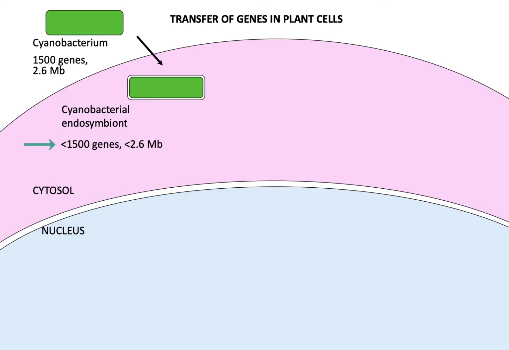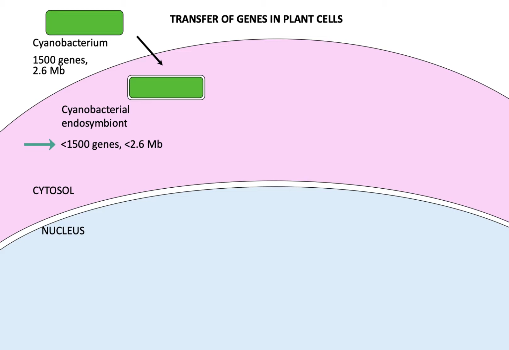And this is because it was no longer necessary to retain genes that allowed it to be living outside in a different environment. And so those genes essentially, one by one, would mutate. If they were unnecessary, they would continue to mutate so that they were non-functional and then eventually disappear.